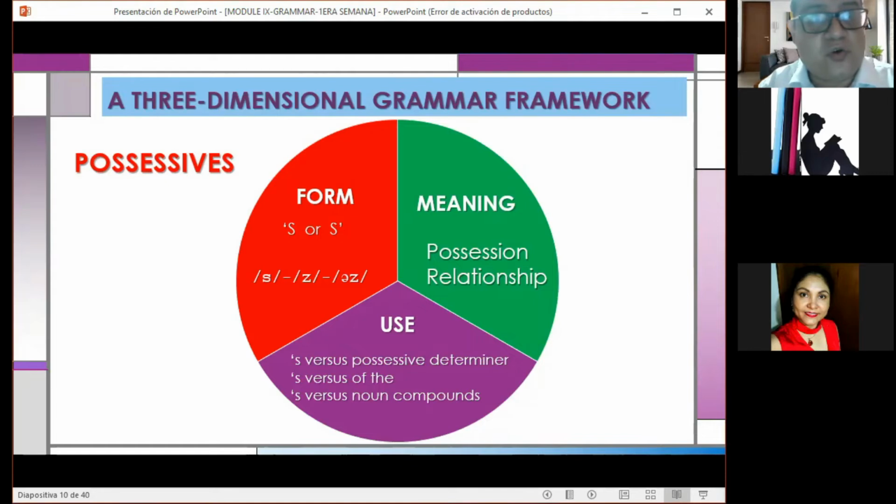So we need to know when to use this apostrophe. So this is related to the use, no? When do we use the apostrophe S? In what type of context do we use this structure? So notice here we have form, we have meaning, and we have use.